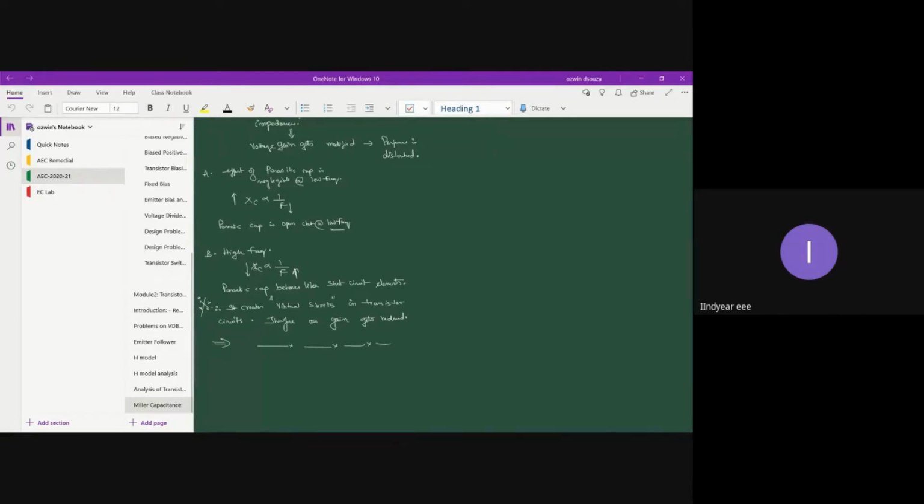So that's the reason these capacitors are taken as short circuit elements, right? Because when the reactance is small, you can consider that reactance as a short circuit element.